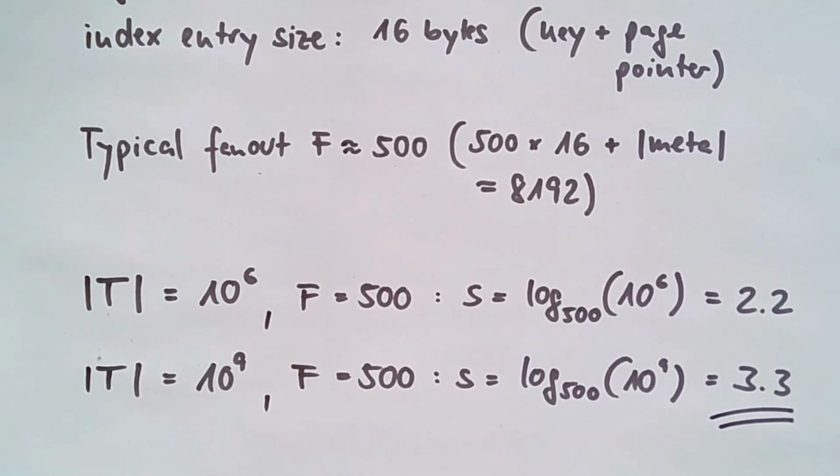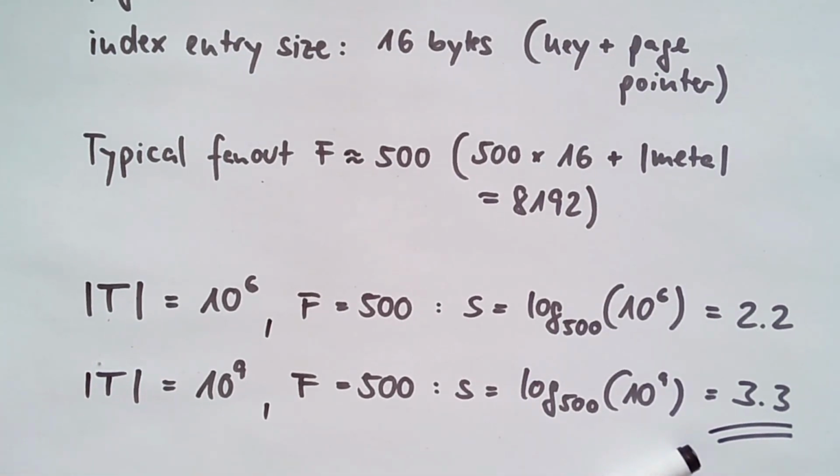So even if we are indexing really super large tables, we can expect rather shallow trees. And a path length of 3 means it's only 3 IOs that we will perform on our way down from the root towards the leaf level of this B+Tree. I consider that good news.